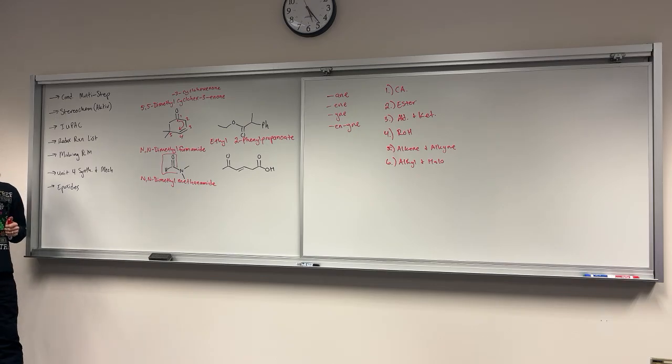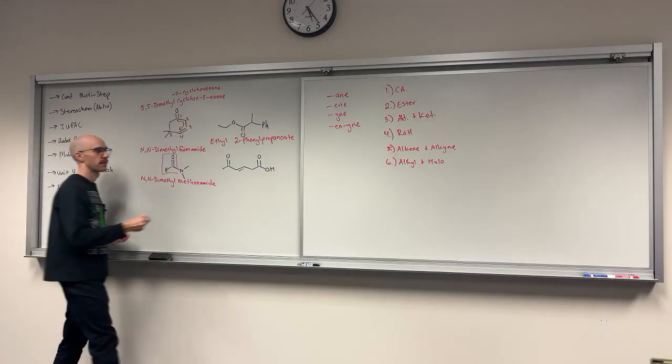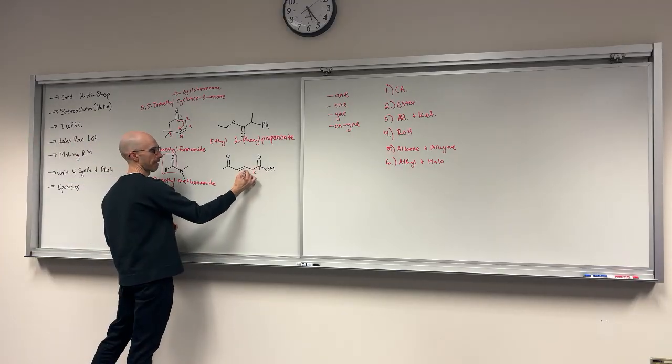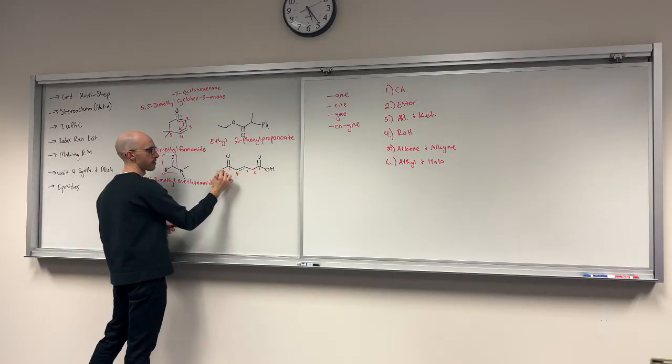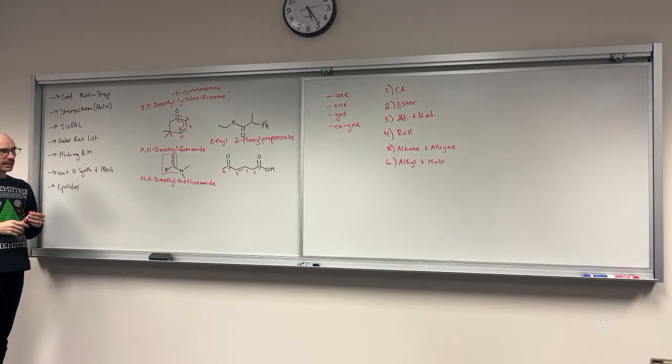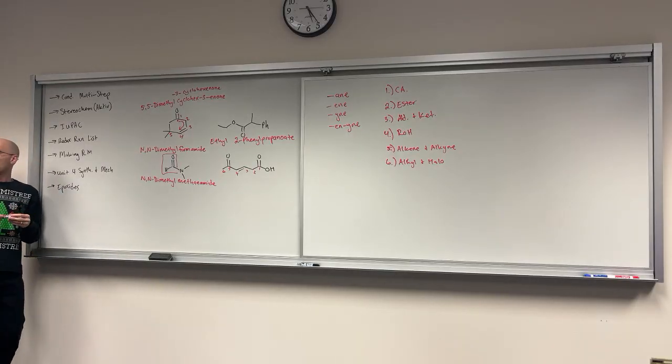All right, now my last one. What is my principal primary group? So I'm going to start numbering from the carboxylic acid out. How do I name a ketone at a substituent position 5?